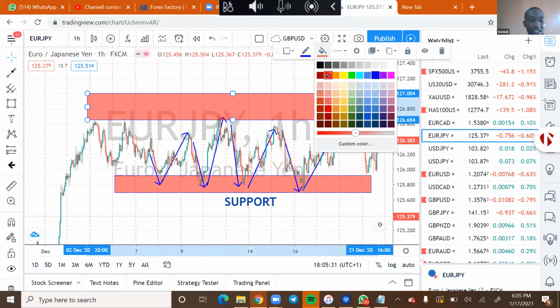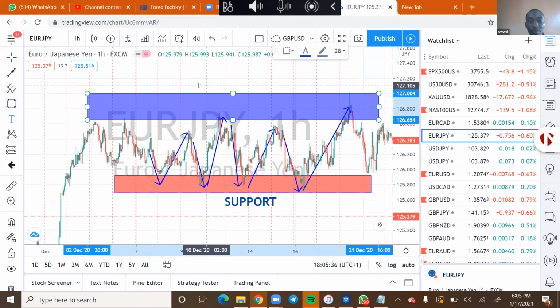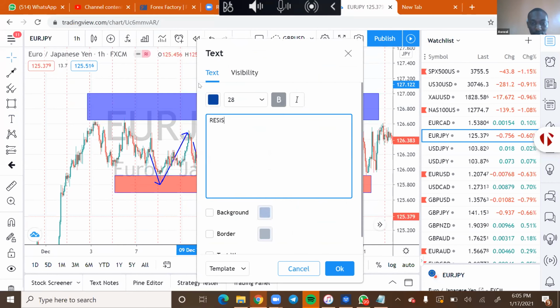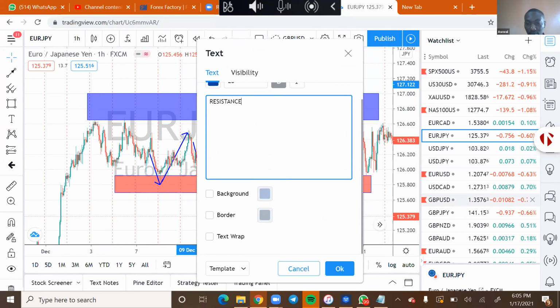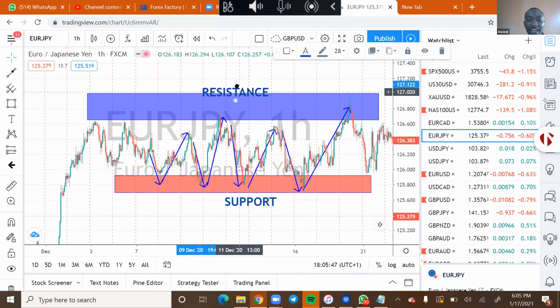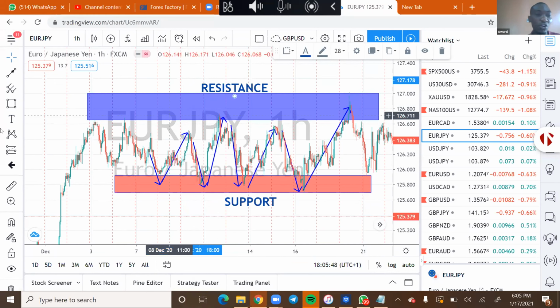Now this is a resistance area. Like I said, resistance is an area where price finds it difficult to break upward.